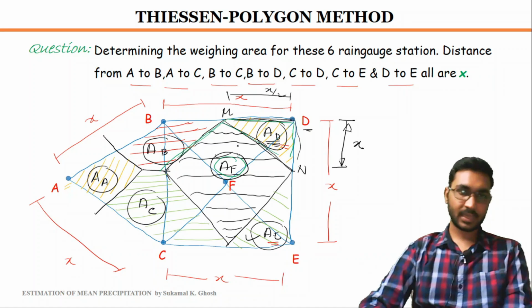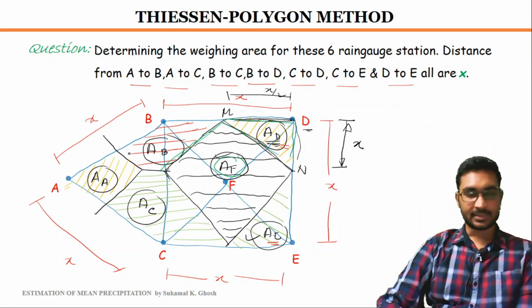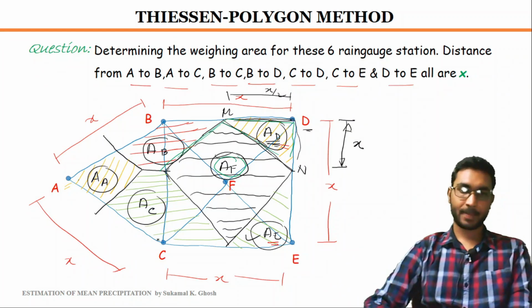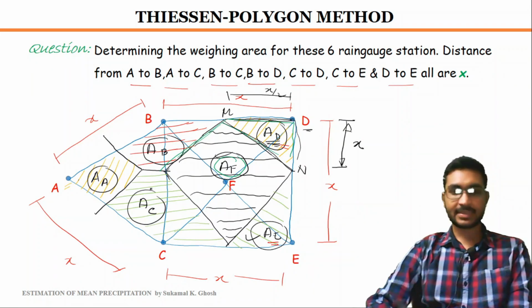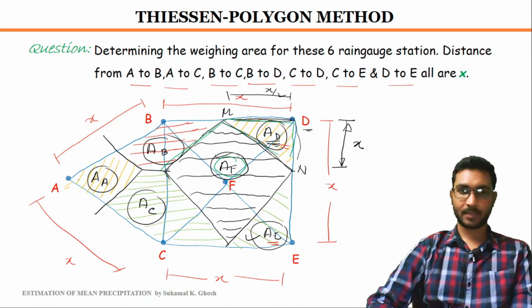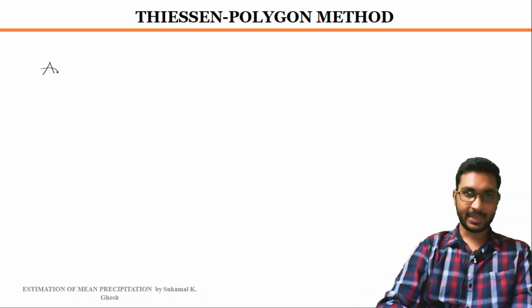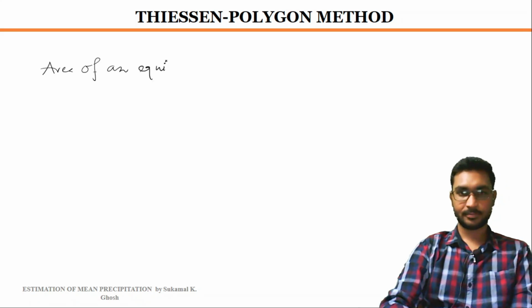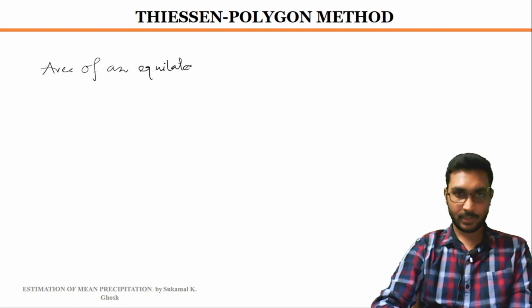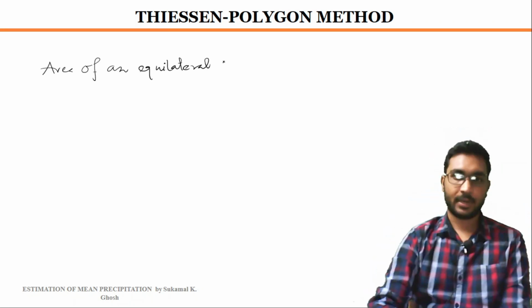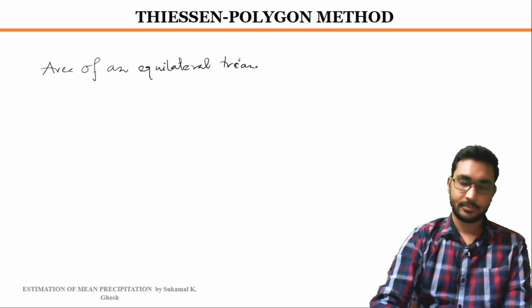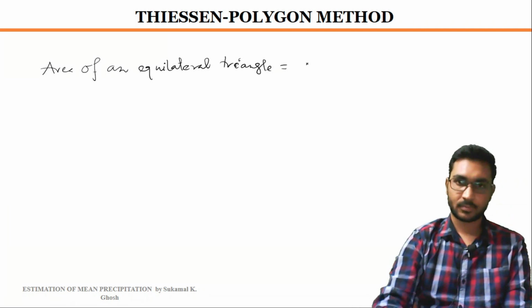Now if you consider this triangle BAC, this is an equilateral triangle, and we know the area of an equilateral triangle is root 3 by 4 into a square.